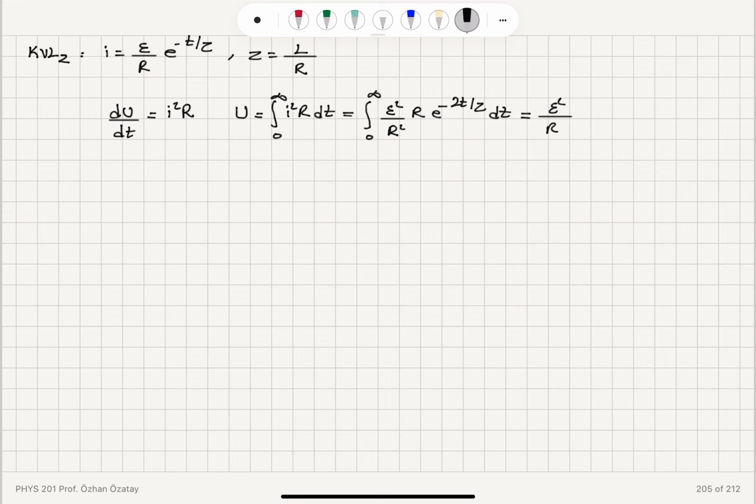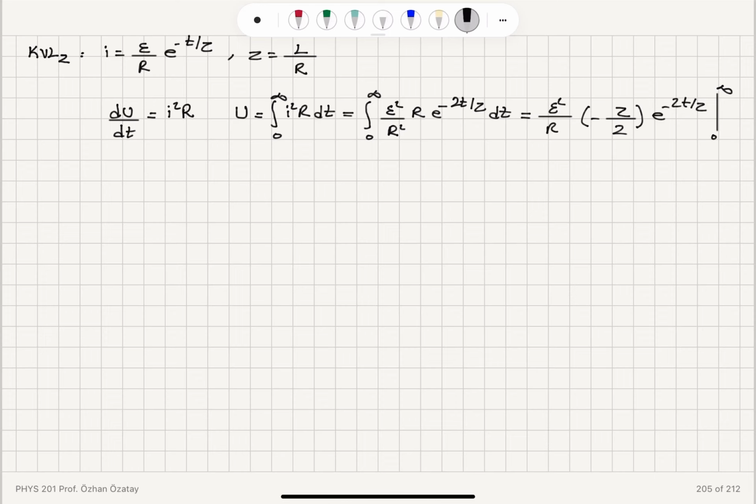The integral will give me minus tau over 2 e to the minus 2t over tau evaluated between 0 and infinity.